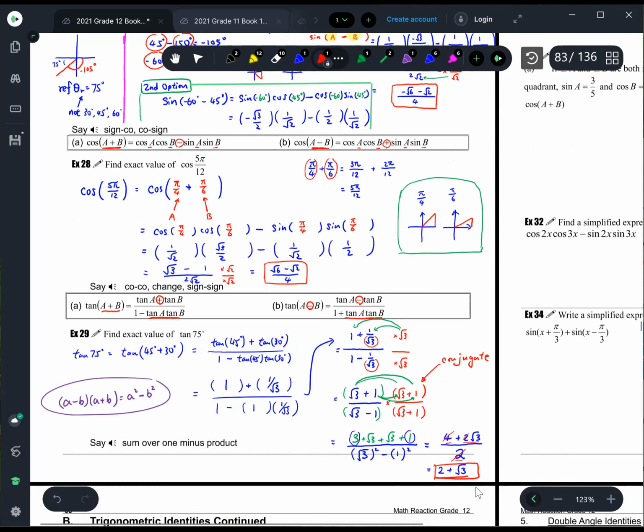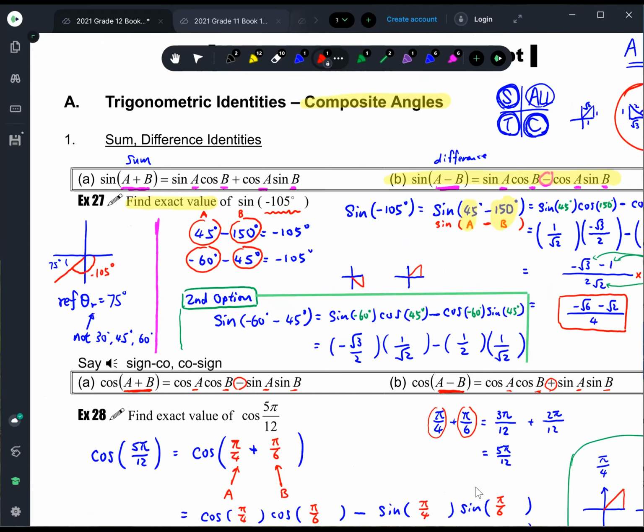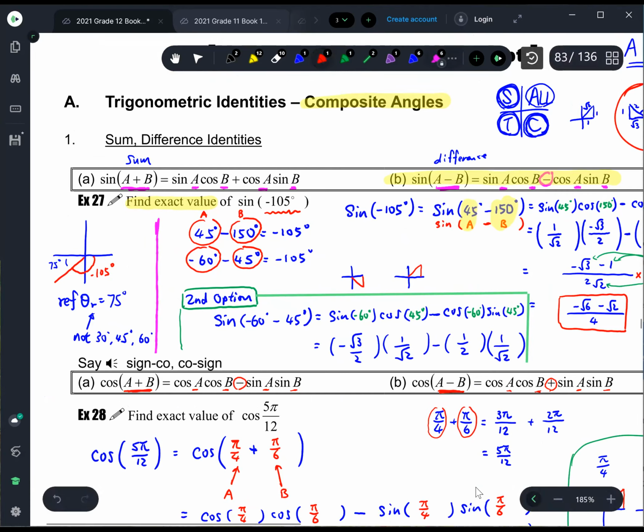All right, so let's talk about how we can memorize it. For the first pair, if it's sum, it will be adding. If it's difference, it will be subtracting in the middle. So we just say the first word: sine, cosine.